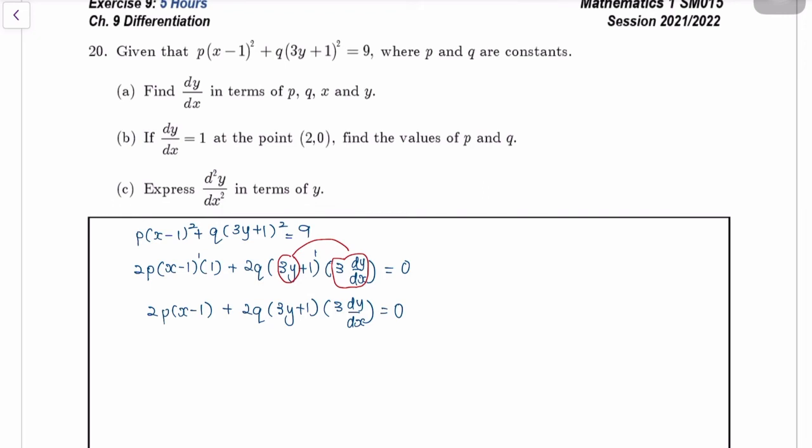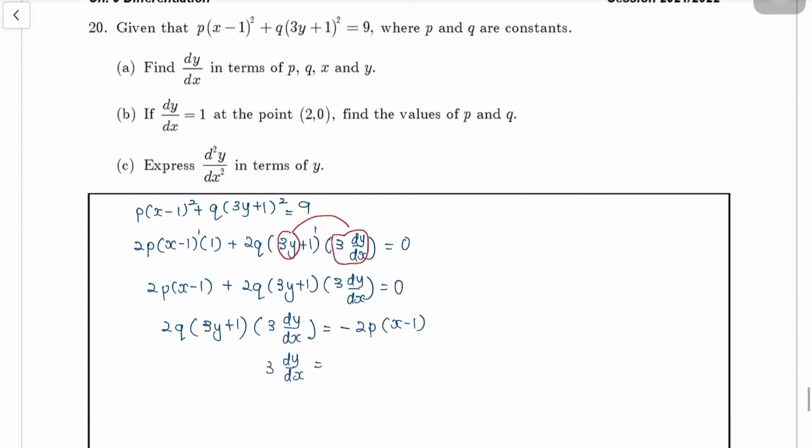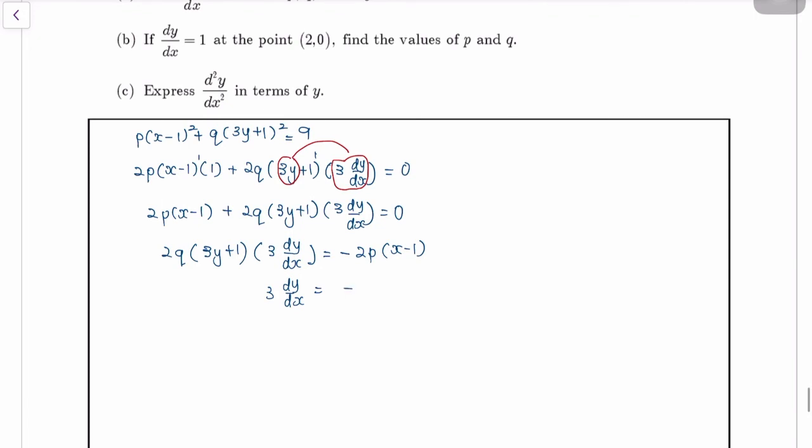Saya rasa saya bawa 2p dulu ke sana. 2q(3y plus 1) 3 dy over dx equals to negative 2p(x minus 1). So, 3 dy over dx. Oleh sebab semua darab, so kita bawa sana jadi bahagi terus lah. So, negative 2p(x minus 1) over 2q(3y plus 1).